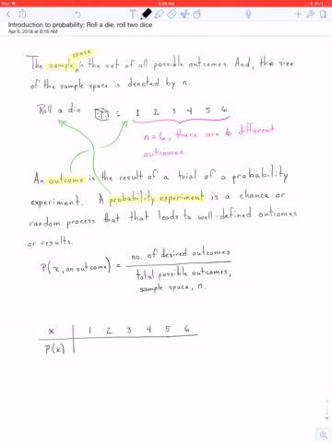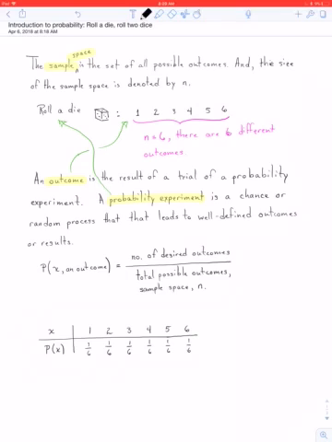How many ways can you get a 1? Well, there's only one possible way. So the probability of a 1 is 1/6. The probability of a 2 is also 1/6. As a matter of fact, each one of these has a probability of just 1/6.